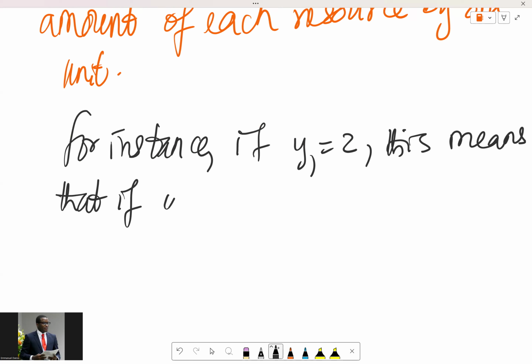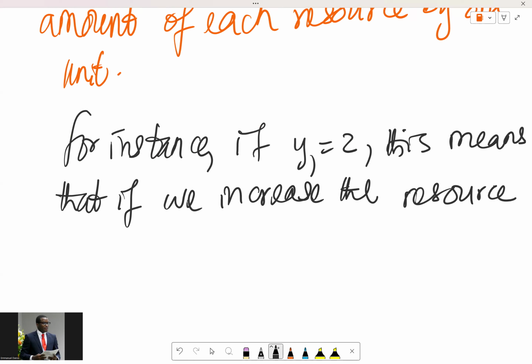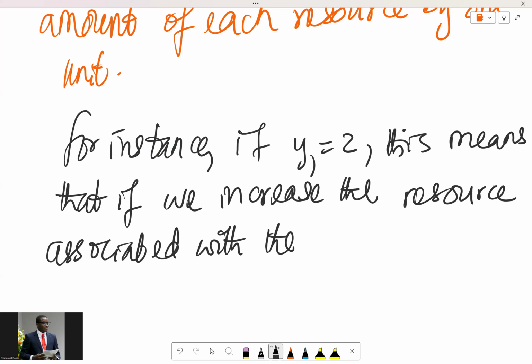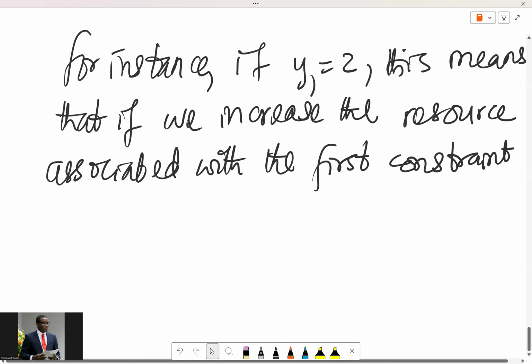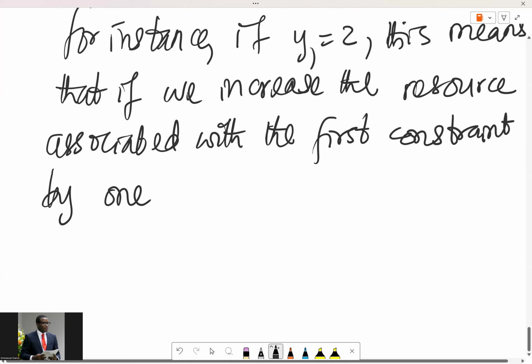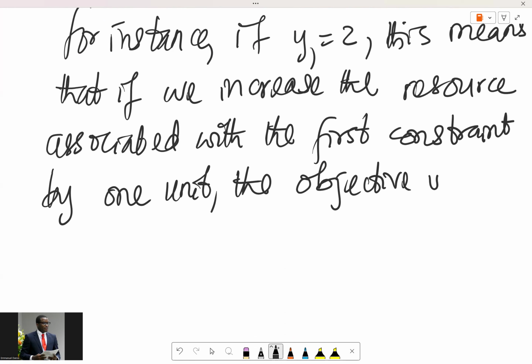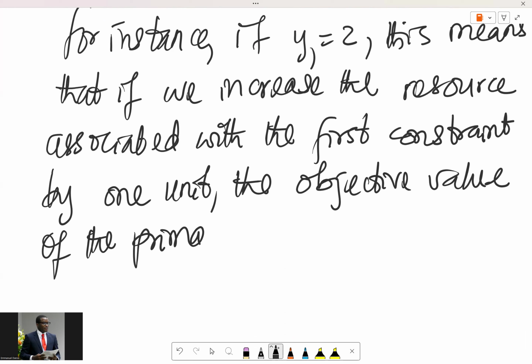this means that if we increase the resource associated with the first constraint by 1 unit, the objective value of the primal problem, which is most likely the profit, right?